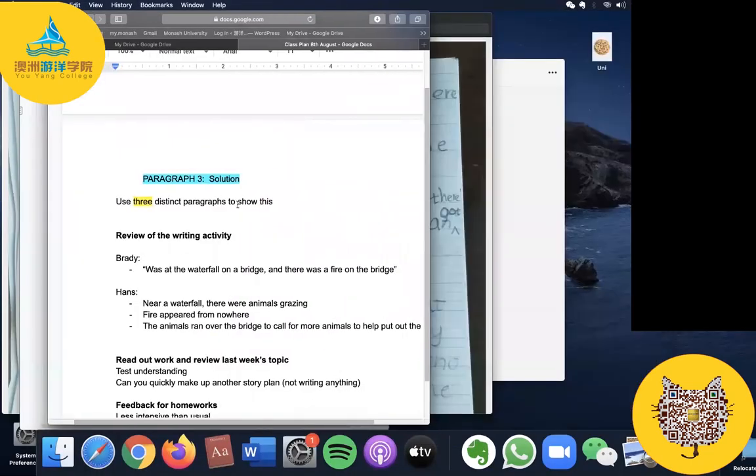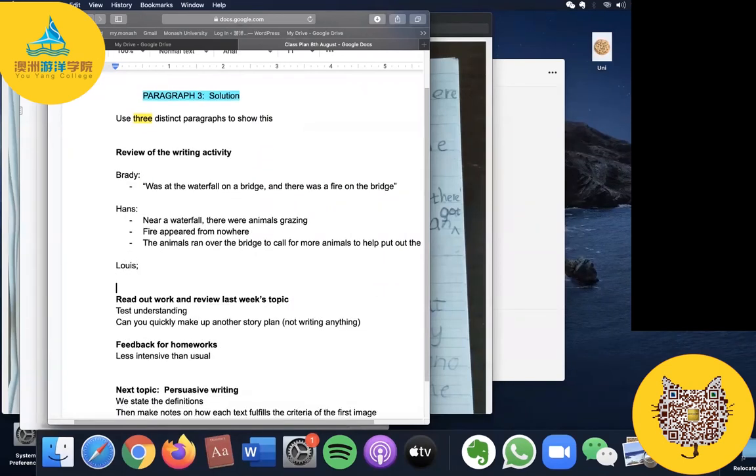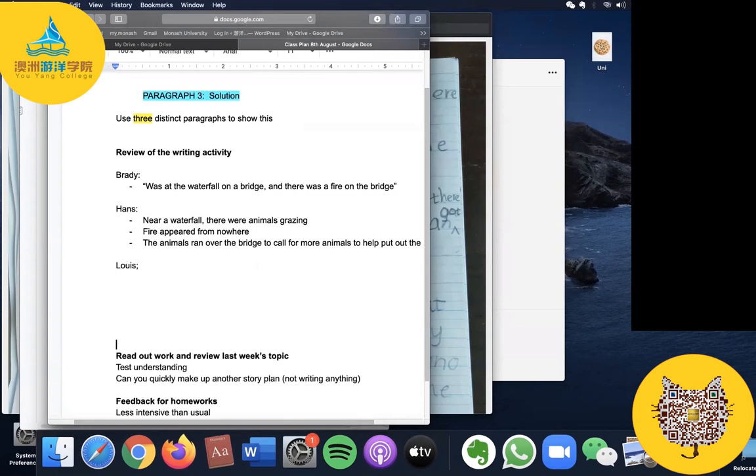Once there was a bridge and there was Lucas and Luke on it. Then someone came and threw the fire on the bridge and they were trapped with fire around them and they called the firemen and the firemen put out the fire.